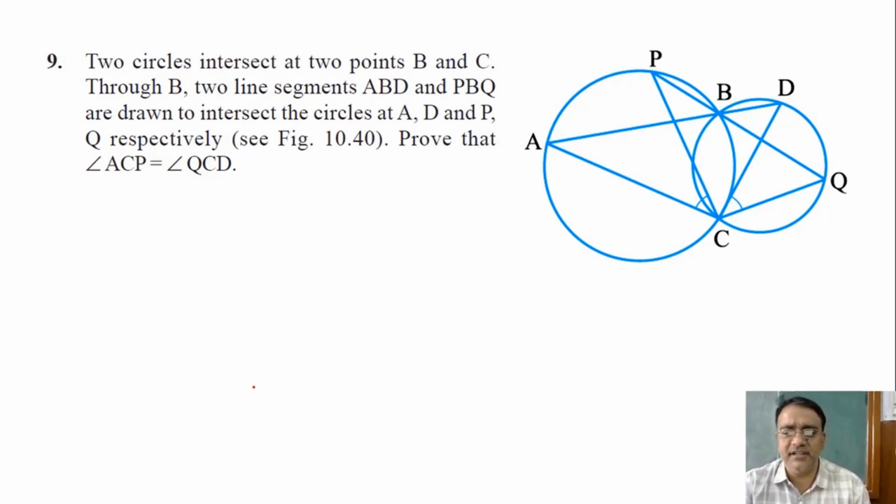Only a few questions are there. That is why I'm taking all the questions, because today is the last revision of circles. Two circles intersect at two points B and C. And through B, two line segments ABD and BPQ, ABD this one and BPQ this one, are drawn to intersect the circles at points A, D, P, Q respectively.